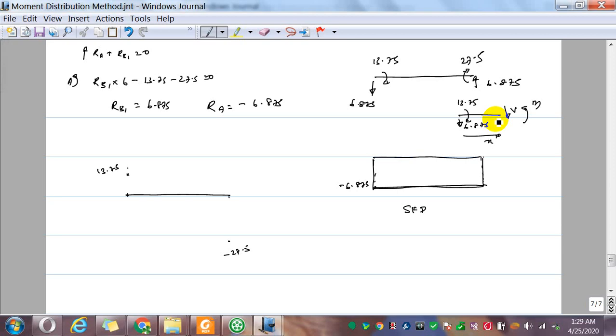So it is linear. It's going to be a negative slope because your shear force is a negative value. So this is the bending moment diagram between A and B.